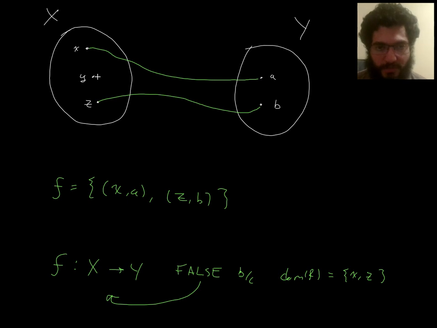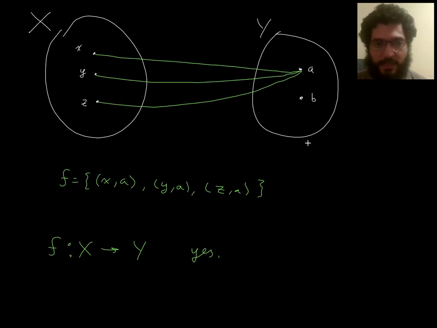So from the picture, what the issue is, kind of, is that there's something in the left-hand blob that doesn't have a green line coming out of it. Notice that in the previous example, there was no problem with saying f maps x to y, even though there was something in the right-hand blob that had no green line coming to it.